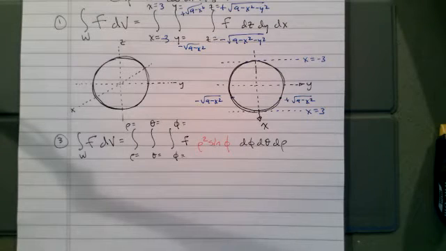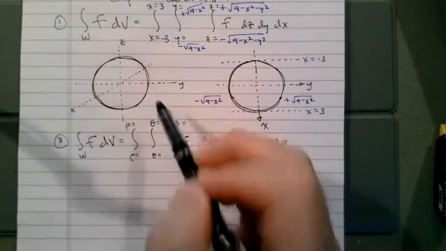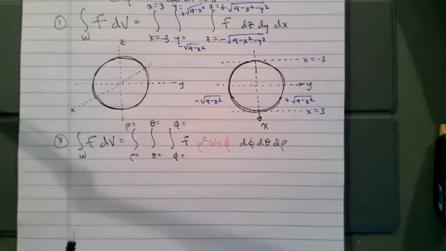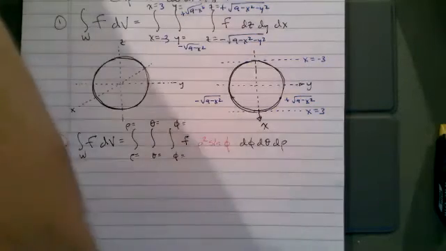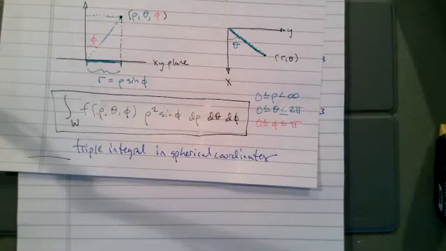So what values of rho are going to describe all the points in this solid? What's the smallest value of rho? Rho has to be positive. Them's the rules. Rho has to be between 0 and infinity.